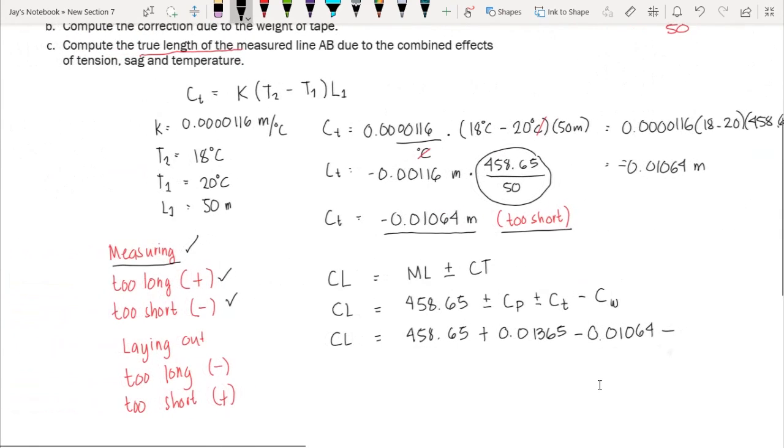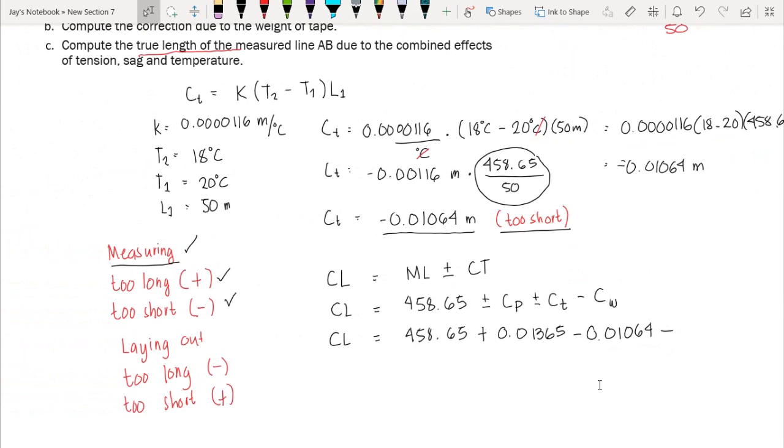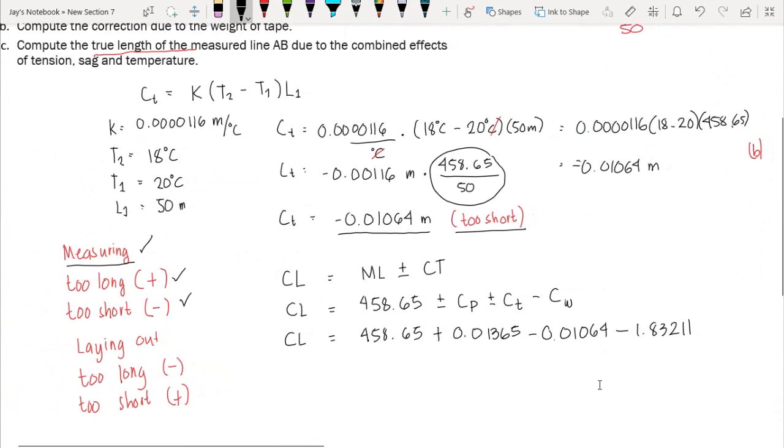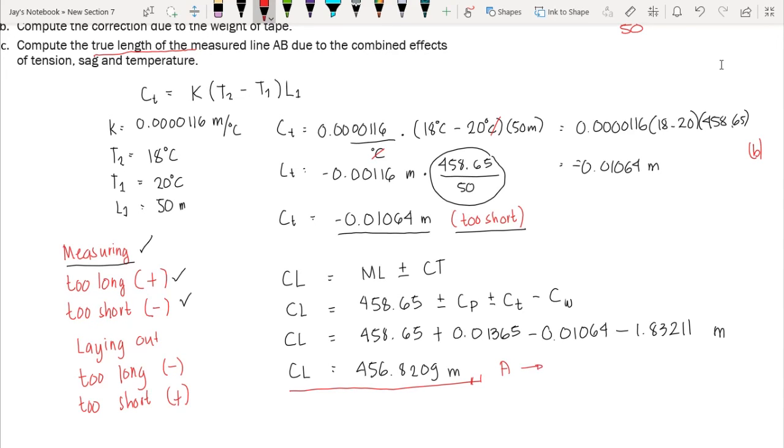So CW is always negative 1.83211, and the unit is in meters. So we have the corrected length here equal to 456.8209 meters. So this one is the true length, or the true distance, between A and B.